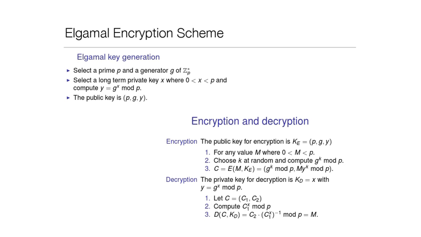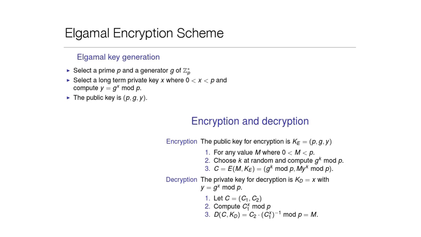The person who is going to encrypt a message using this public key does it like this. He has a message, and we can convert any message into a number, because anything is numerical in computation.